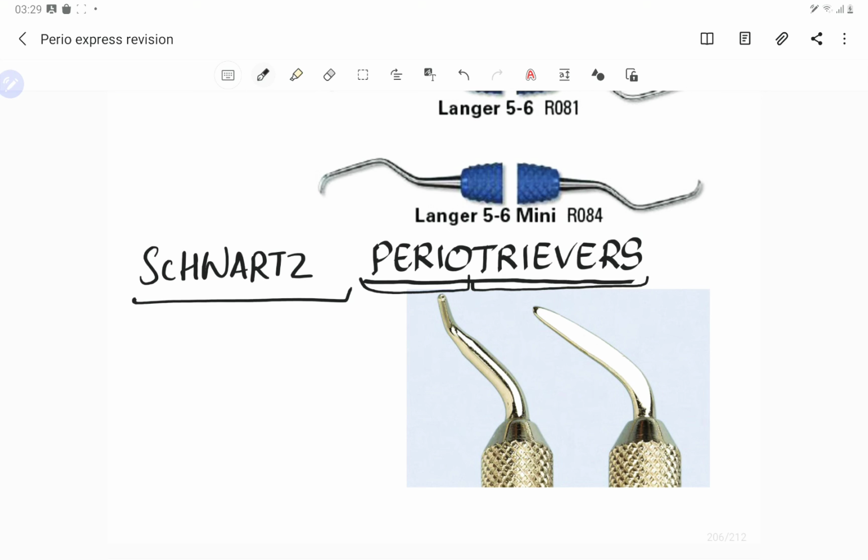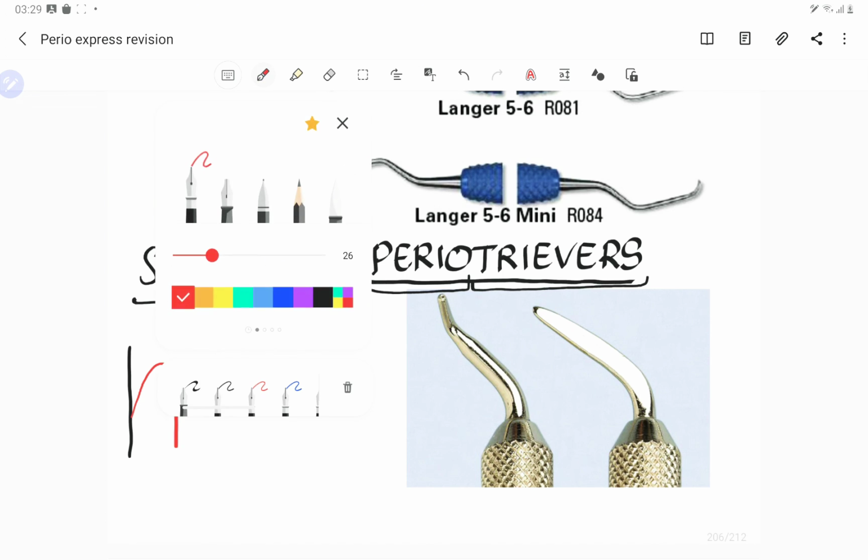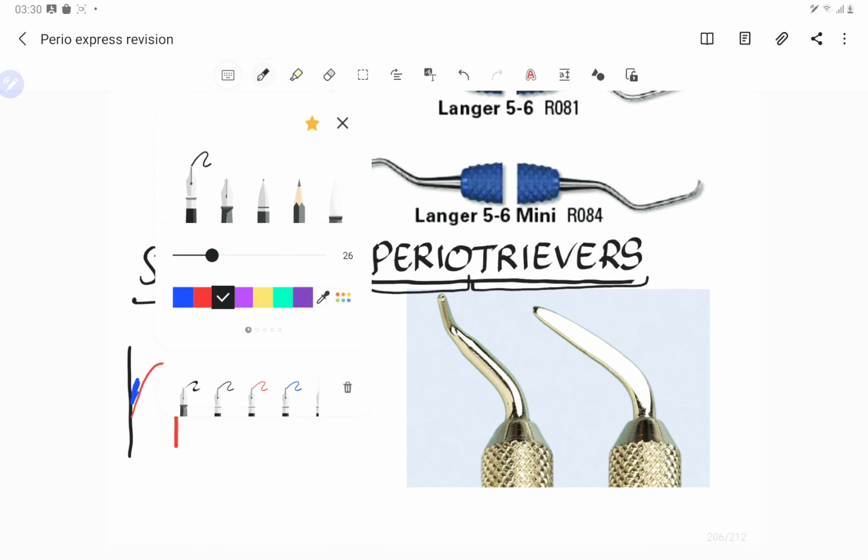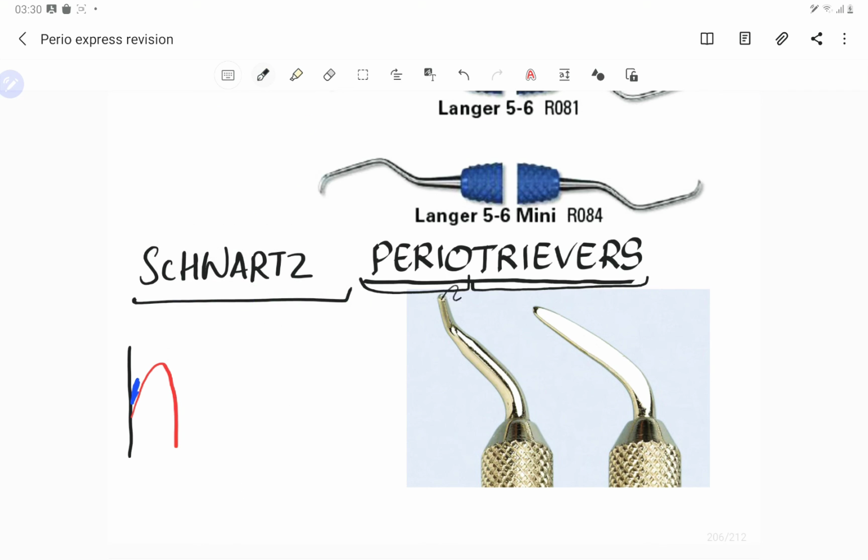So if any broken piece of instrument is there in the pocket and it is not coming out, in that case we use this Schwartz periotriever, which retrieves the broken instrument.